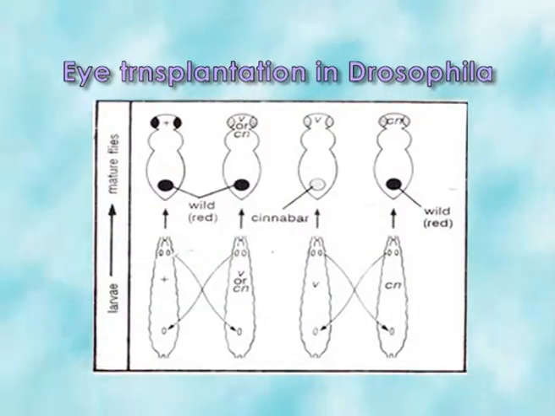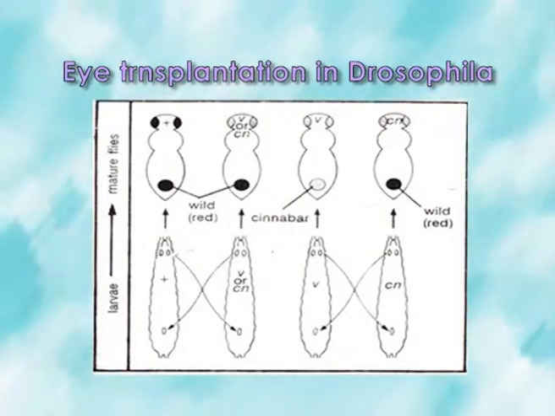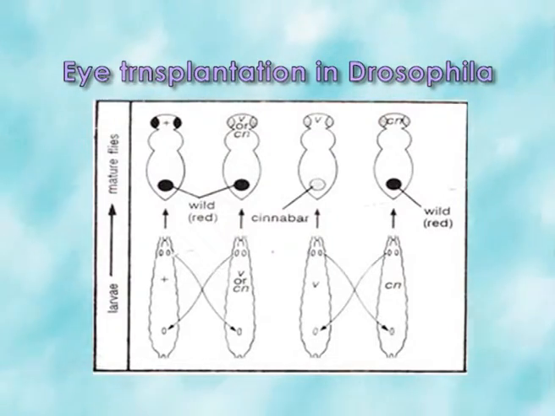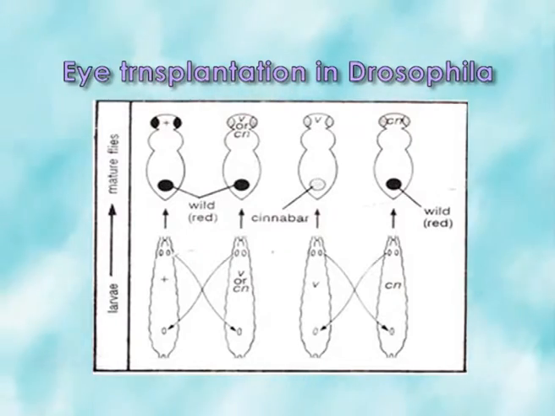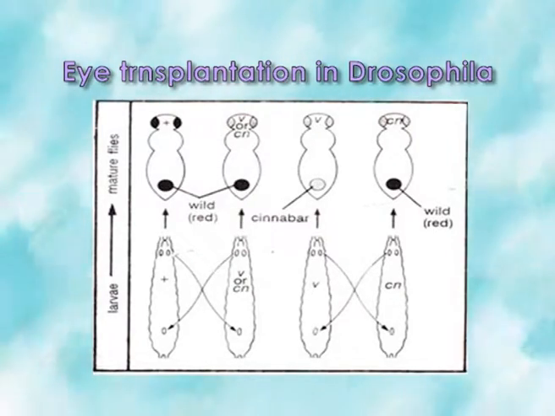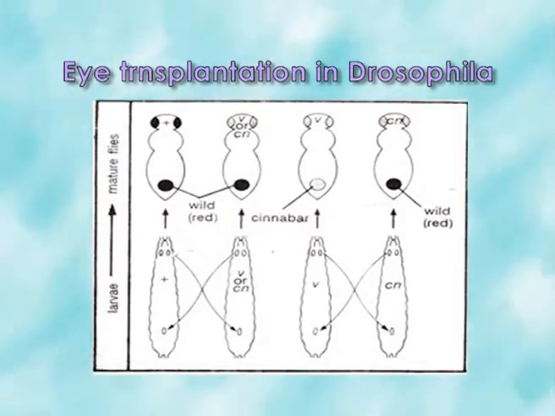Next one. Actually, this was proved by eye transplantation in Drosophila. It may be autonomous or non-autonomous eye transplantation. First, it was found that in case of wild type, if vermilion or cinnabar is given, then wild type will be produced, because from the wild type a diffusible enzyme can overcome the metabolic block to generate the wild type.